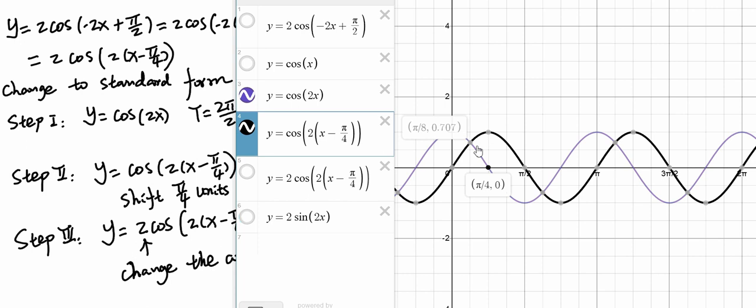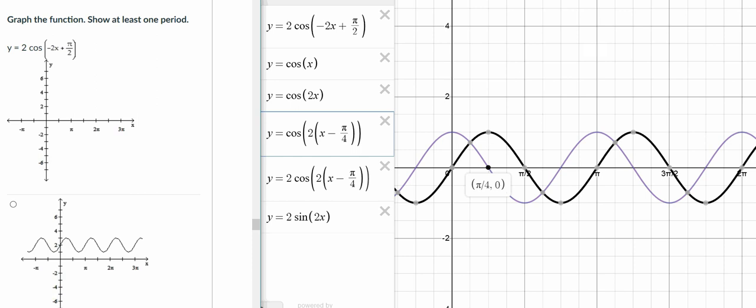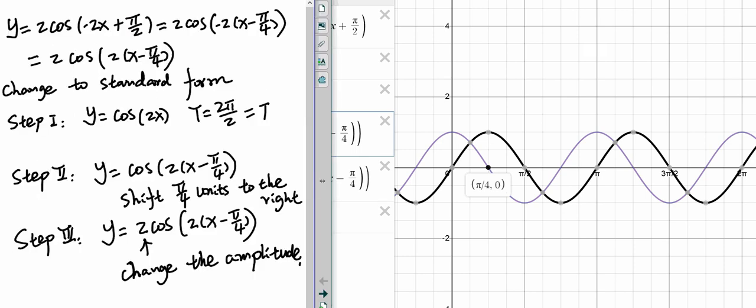So this graph, when you shift pi over 4 units, not pi over 2 units, pi over 4 units. That's why you want to get pi over 4 units in this way.